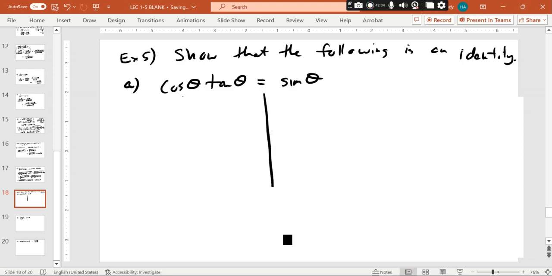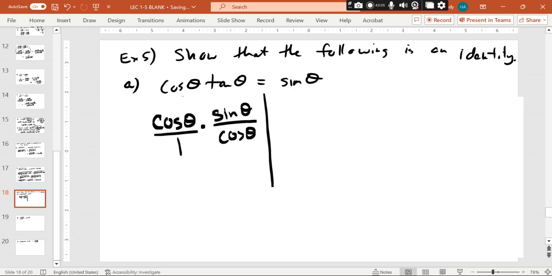Notice the left side is actually pretty complex. The right side is just sine theta. That's easy. So I'm going to take the more complex version here and say, if that's cosine, cosine stays cosine. And notice what I'm really doing is just simplifying each of the sides, something I've done before. Tangent is sine theta over cosine theta. And what I normally like to do is put a little 1 if I'm dealing with fractions.